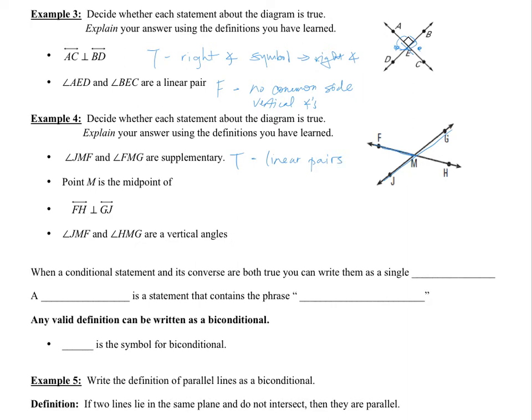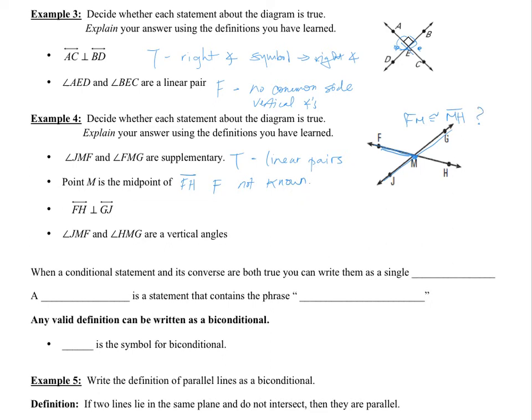Point M is the midpoint of, I would use FH here, segment FH. So I would say false. It's not known. There's not much of a reason you can write here. There's nothing that indicates that these two segments, FM, is congruent to MH. We don't know.